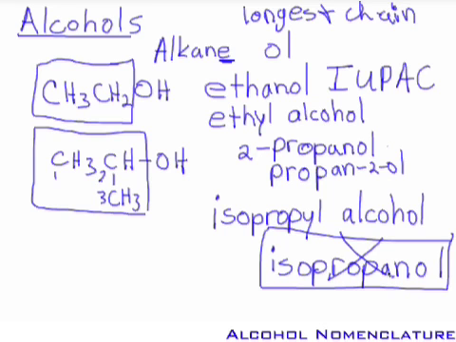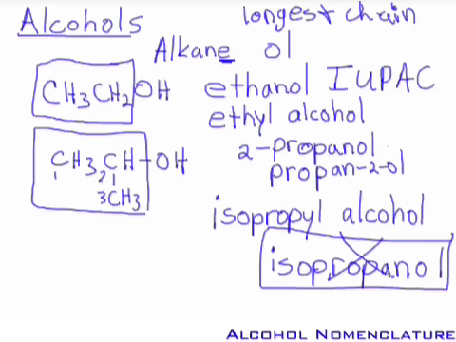Okay, so we're rolling along with alcohols. We've learned that alcohols have, in some cases, common names, and sometimes there won't be an easy common name for it. So you can give IUPAC and common names.